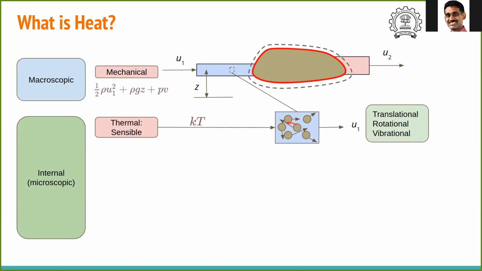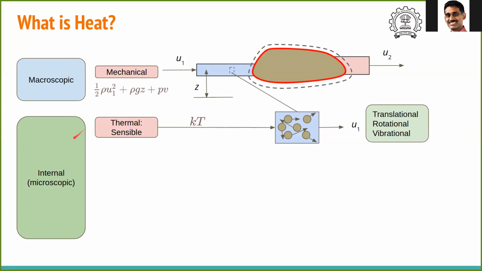This thermal or random motion is associated with what is known as the thermal or the sensible energy, denoted by kT. In the conventional sense, it is just the temperature that we know it as. So kT has the units of energy, whereas the temperature could have different units depending on the system that we use.